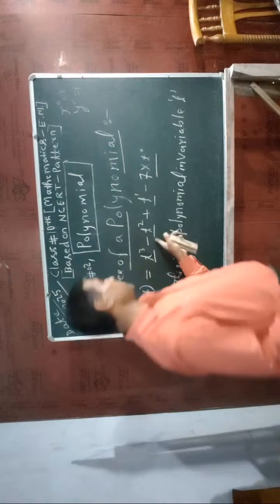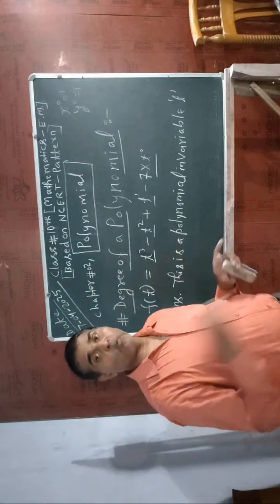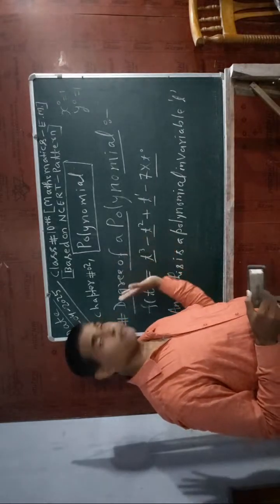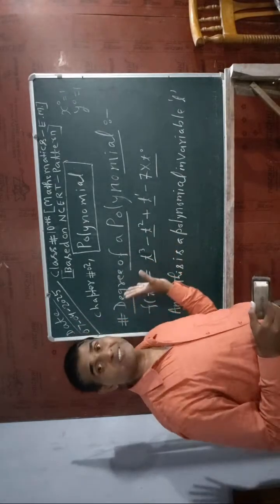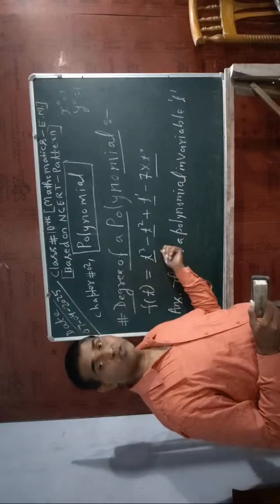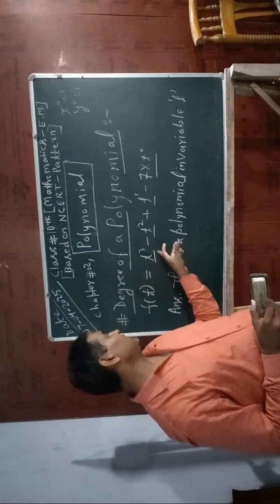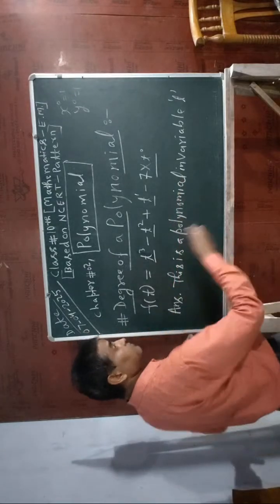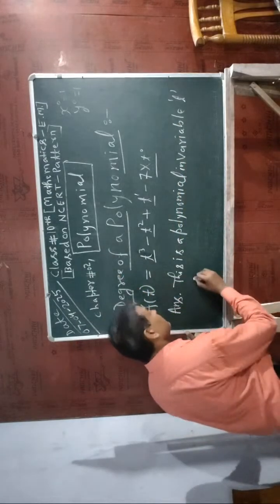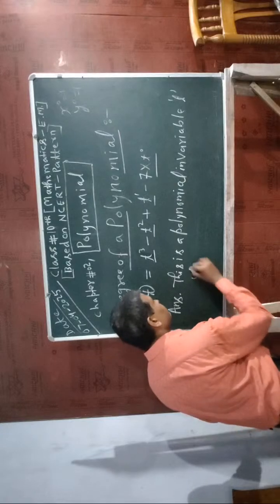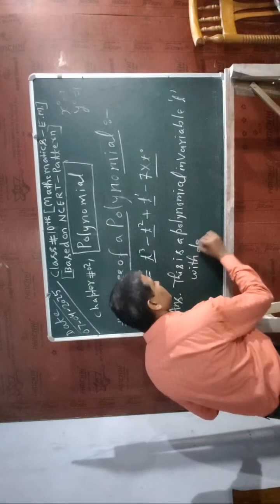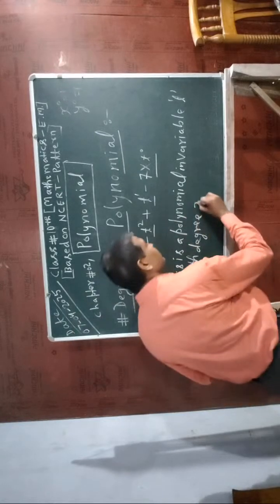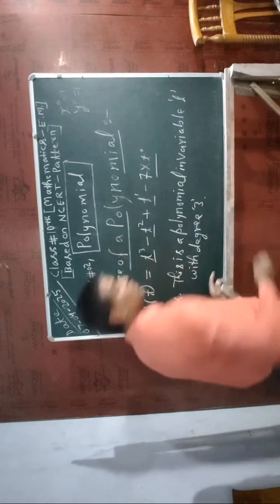Here t is a variable; in earlier examples the variables were x and then y, and here the variable is t. So this is a polynomial in variable t with degree 3. This will be your answer.